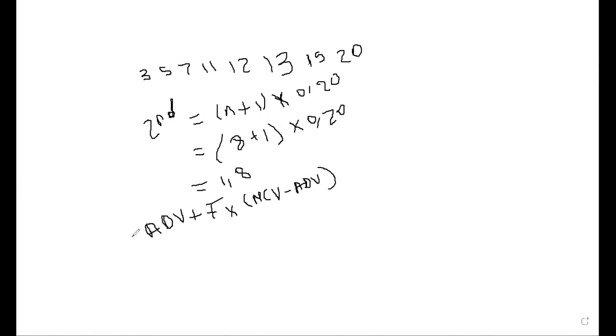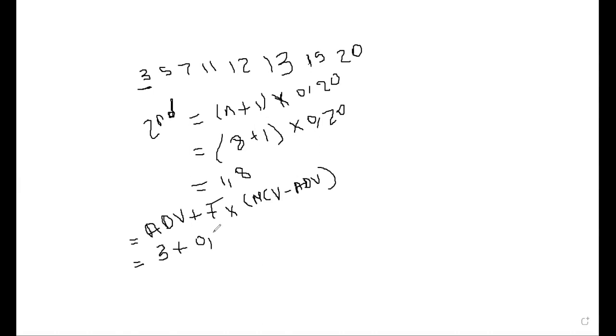So the approximate decimal value will be what? At position number 1, it's going to be 3. So we're going to say 3 plus the fractional part, which is 0.8.